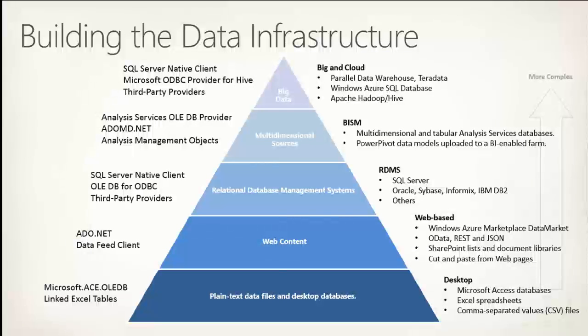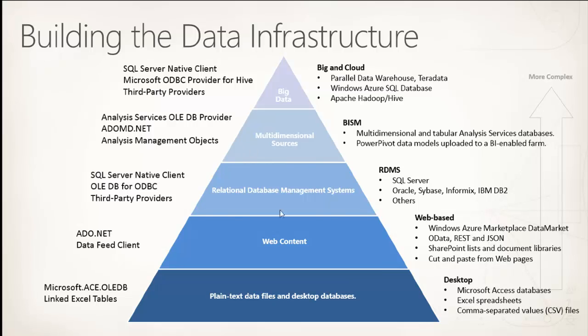At the bottom, we have all the plain text data files, which are, for example, important in supply chain management environments. We have the web content. It can be as simple as a table, as you've seen. The tools that we have today in self-service BI are definitely capable of consuming these data sources directly.